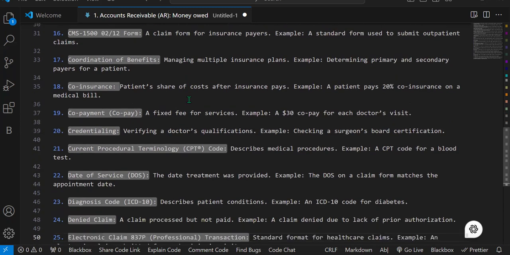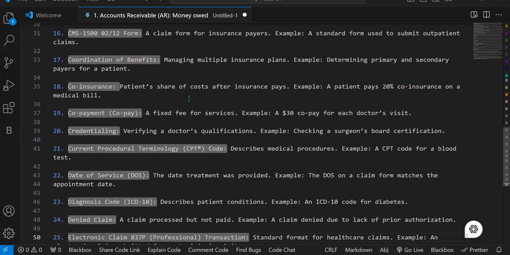Credentialing. So what is credentialing? Verifying the doctor's qualification, checking whether the surgeon has board certification or not. What is the meaning of credentialing? Whether the doctor has valid ID proof or not. So every doctor will have an NPI number, National Provider Identification Number.